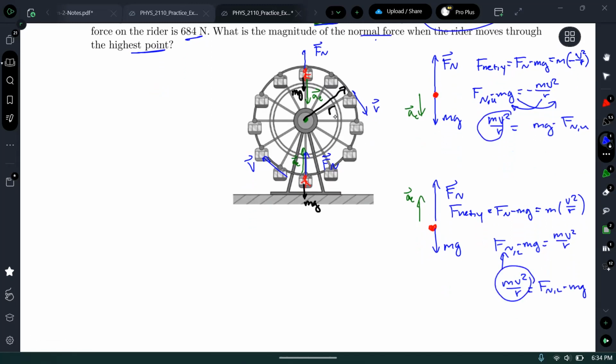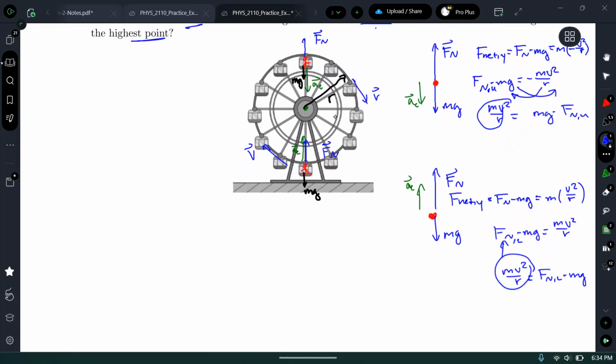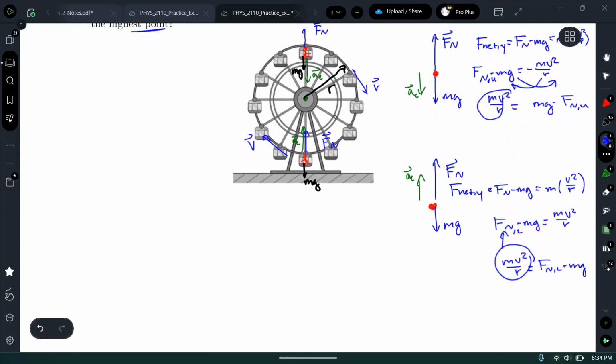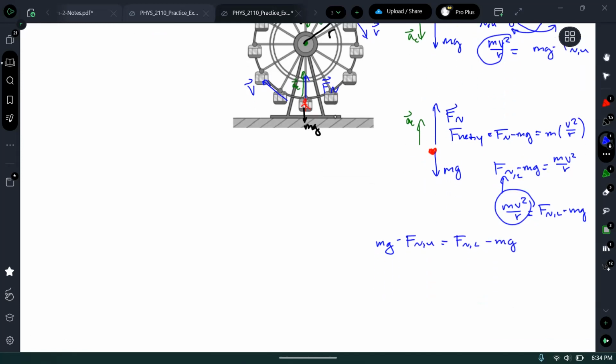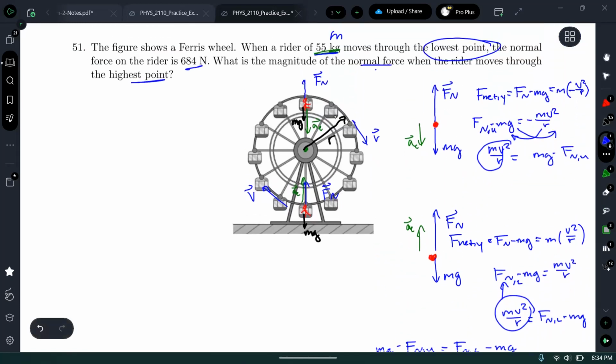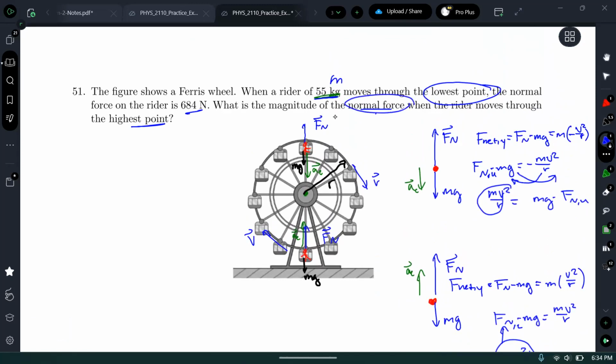I have mv squared over r equals two different things. I can set those two things equal to each other since they both must equal mv squared over r. So mg minus Fn upper equals Fn lower minus mg, or, let's see, Fn upper equals 2mg minus Fn lower, because I'm asked about the magnitude of the normal force when he's at the highest point.